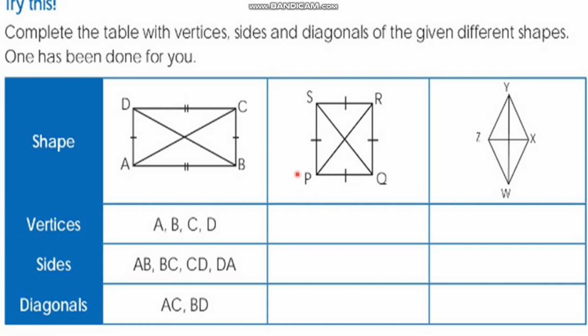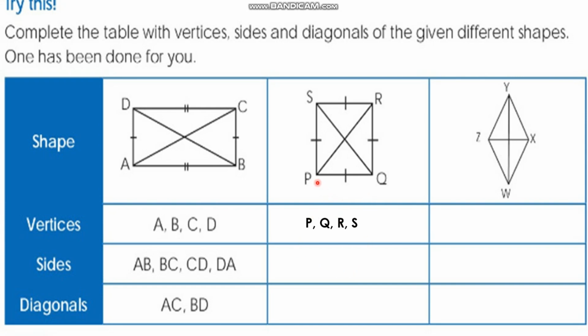So first is P. P is a vertex, then Q is a vertex, then R is a vertex and S is also a vertex. So we can write P comma Q comma R comma S. These all are the vertices. Okay.